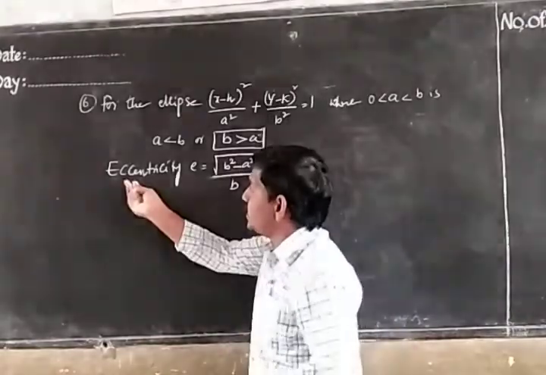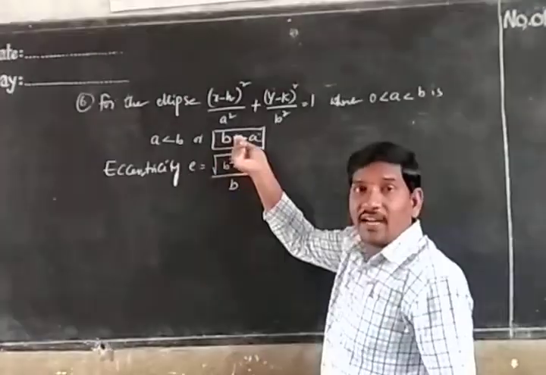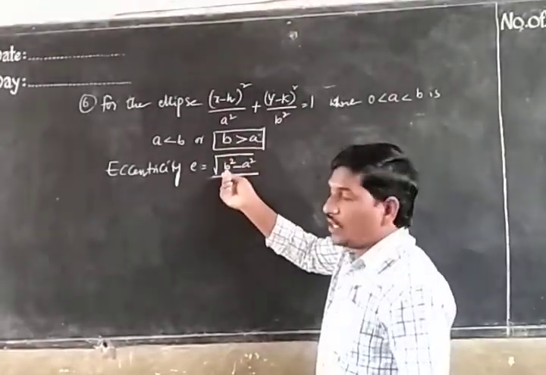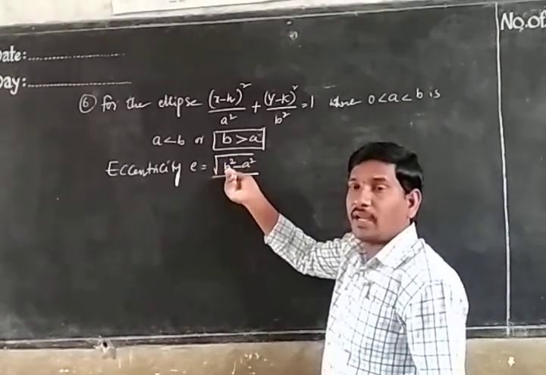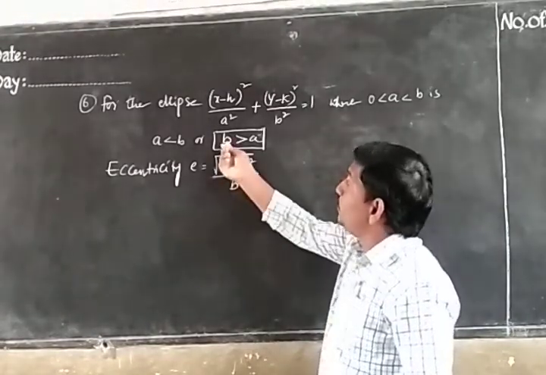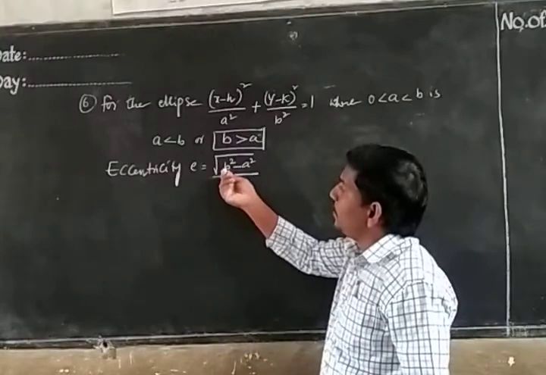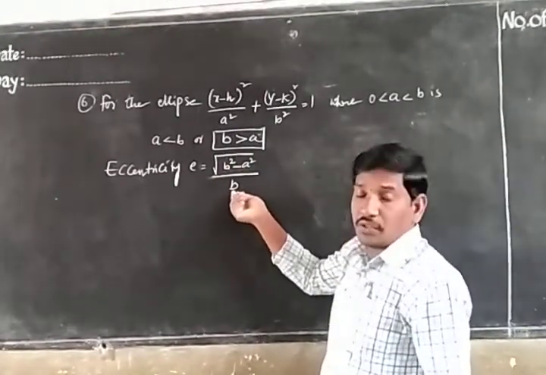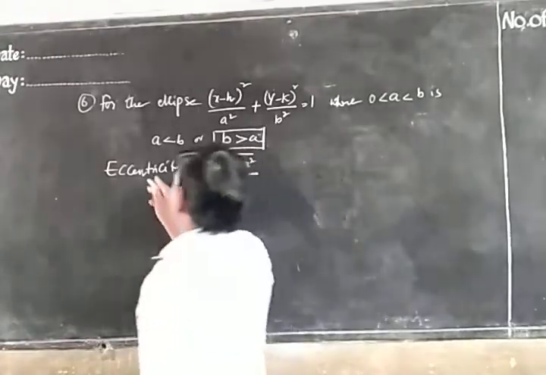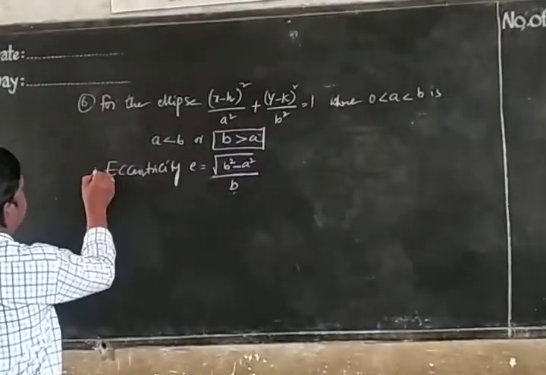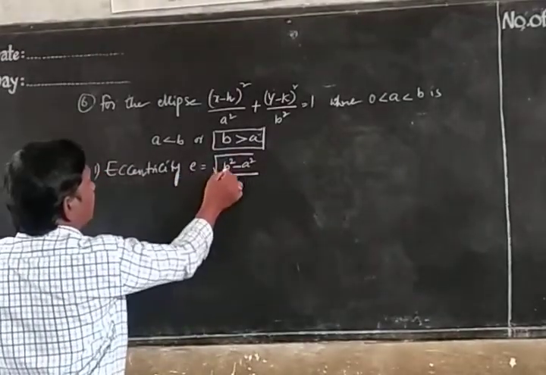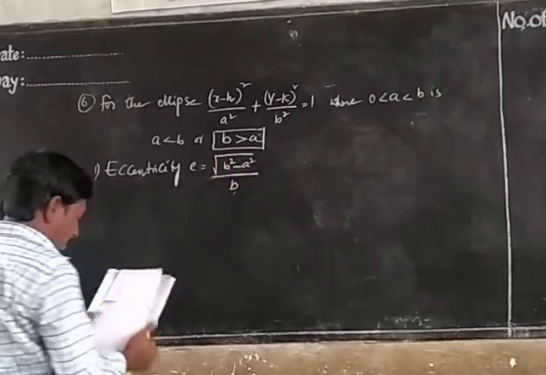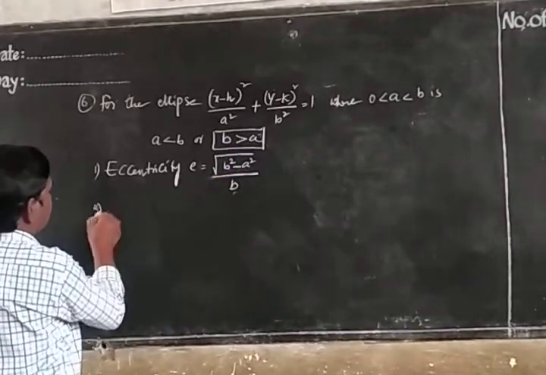So if b greater than a, we write root of b square minus a square by b, with b in the denominator. The eccentricity equals root of b square minus a square by b. Next, vertices.